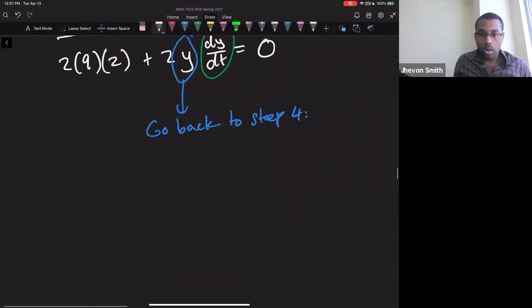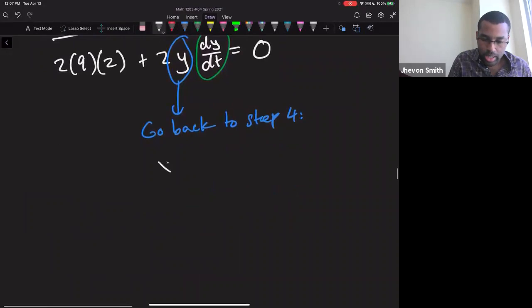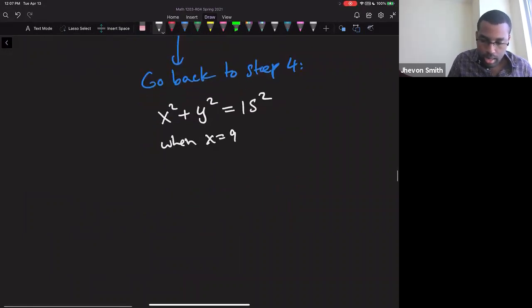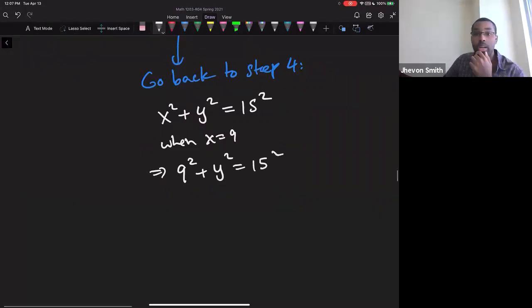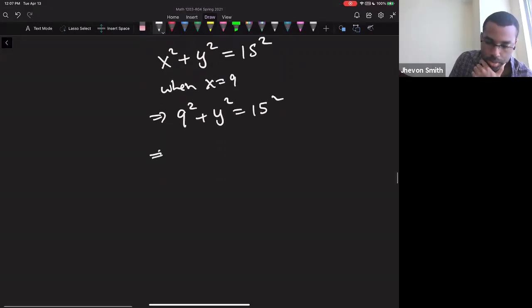Now in step 4, we know that x squared plus y squared is 15 squared. So when x equals 9, this means we have 9 squared plus y squared equals 15 squared. So from this equation, I can solve for my y. There are many ways to do this.